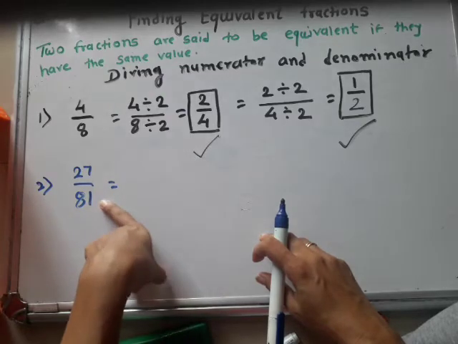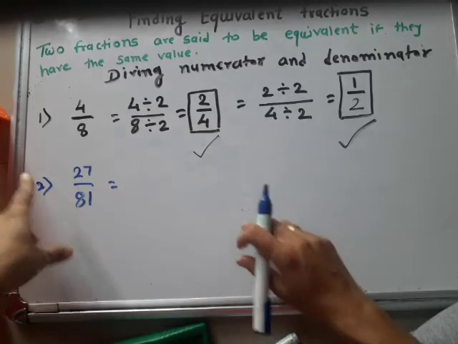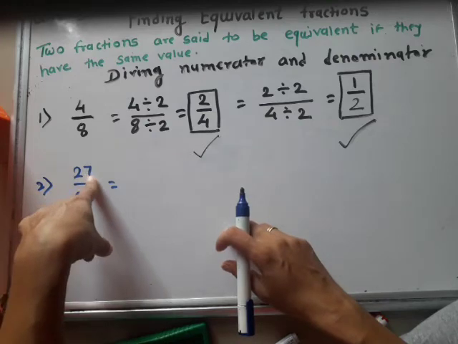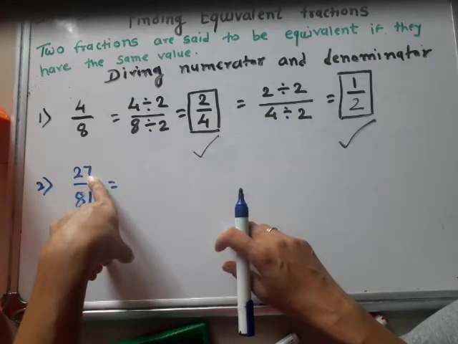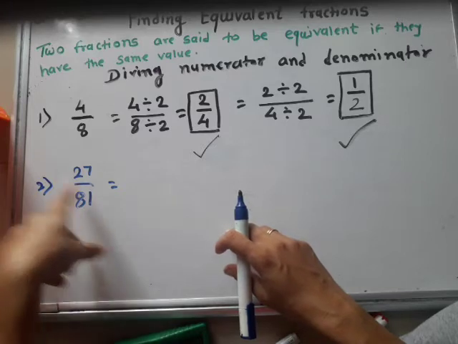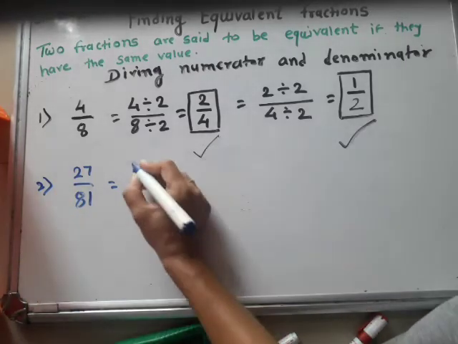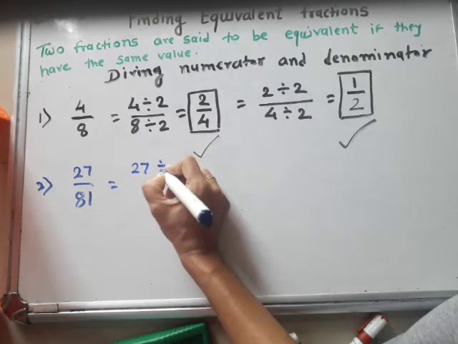So both numbers are odd and not divisible by 2. So we check the next divisibility rule. Now you have to check the number by 3. 2 plus 7 is 9. 9 is divisible by 3. Now check the denominator also. 8 plus 1 is again 9. So both numbers are divisible by 3. So you have to divide these numbers by 3.